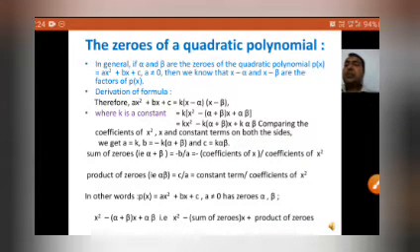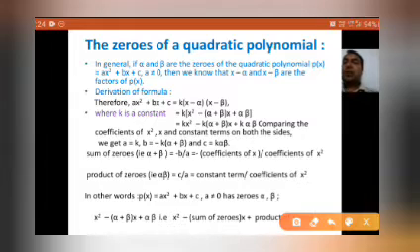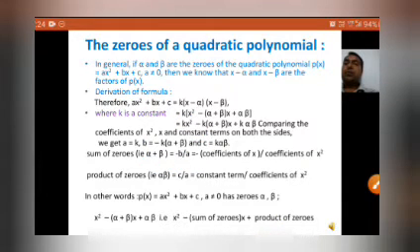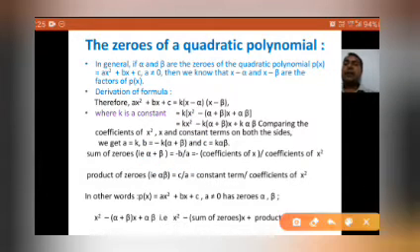Now the sum of zeros, that is alpha plus beta, is equal to minus b by a, because here in this expression b is equal to minus k into (alpha plus beta), that is alpha plus beta is equal to b by minus k, and k is equal to a, so alpha plus beta is equal to minus b by a.